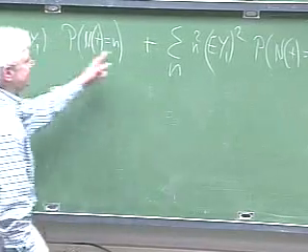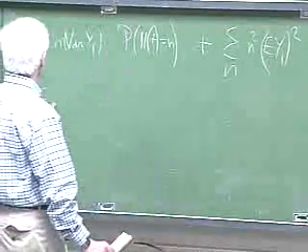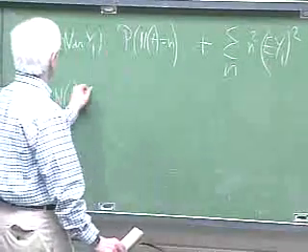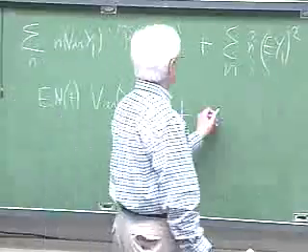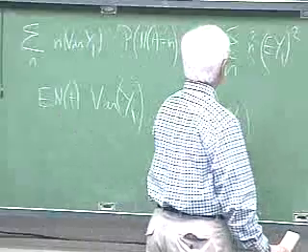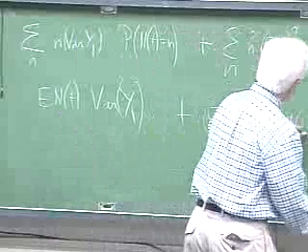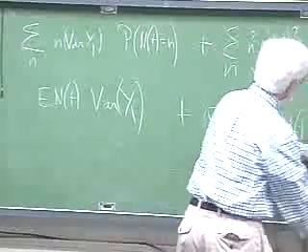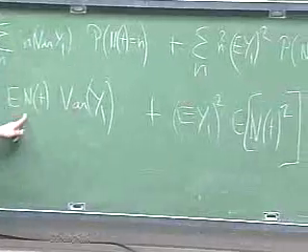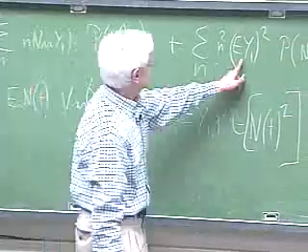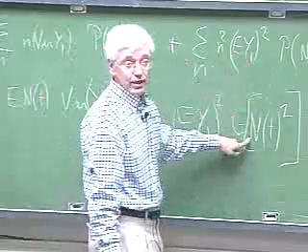Now this part's a constant. These parts are constants, and can be moved outside. In other words, variance y1 is pulled out, and this is the mean of n of t. The mean squared is pulled out, and this is the second moment of n of t, just directly, by definition.